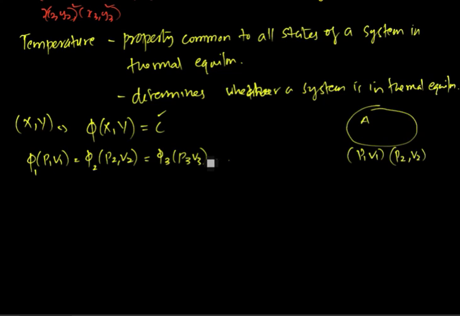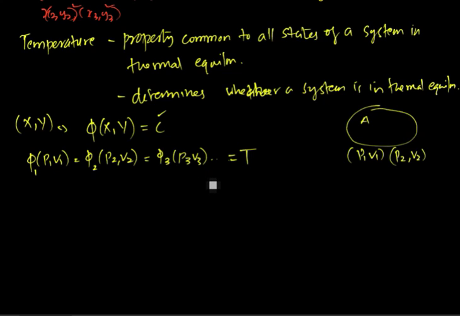Then if these states, that is the pressure P1 and volume V1, and another state characterized by the pressure P2 and volume V2, and pressure P3, volume V3, are in thermal equilibrium with each other, then these equations of state are equal, and equal to a common property of the system, and that common property is called the temperature.